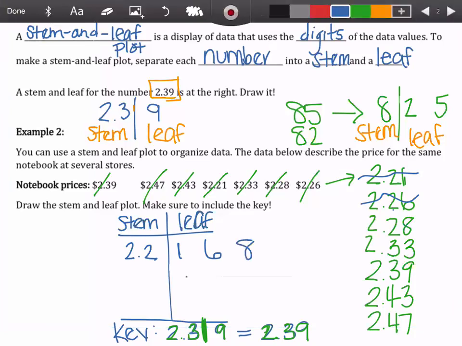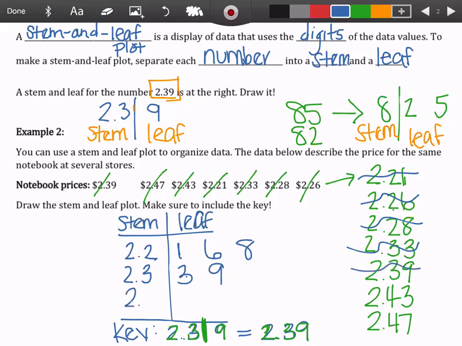You want those spaces in between 1, 6, and 8 because otherwise it looks like 168 instead of 3 separate different numbers. So then the next one we have is 2.3, and we're going to write 3 on the other side for the leaf to show 2.33. And then 2.3, leave a space 9.